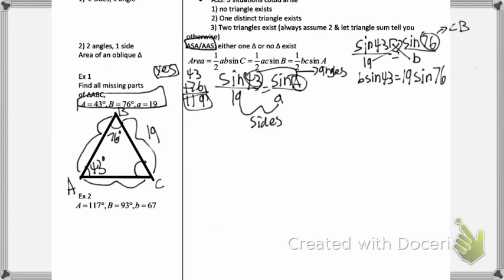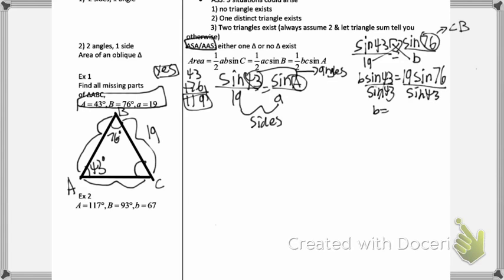If we want to leave B alone on the other side of the equal sign, so we know what side B is, we divide both sides by sine 43.